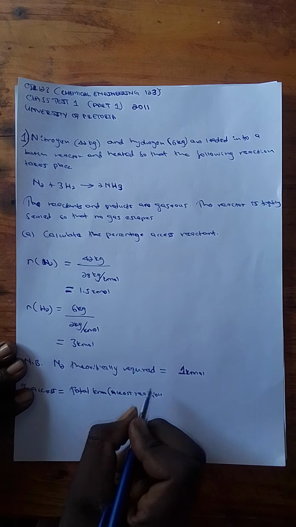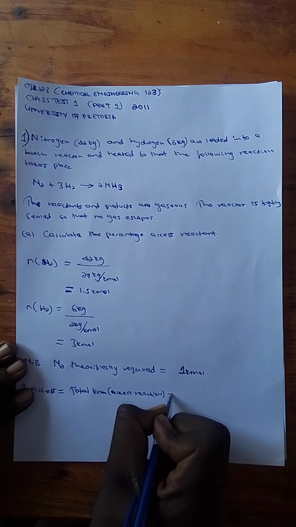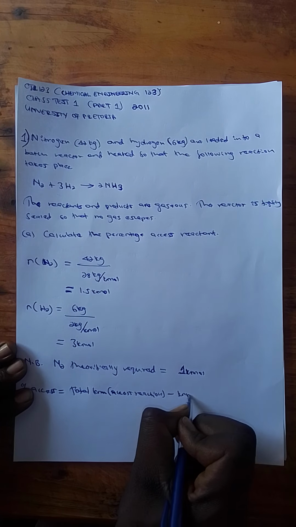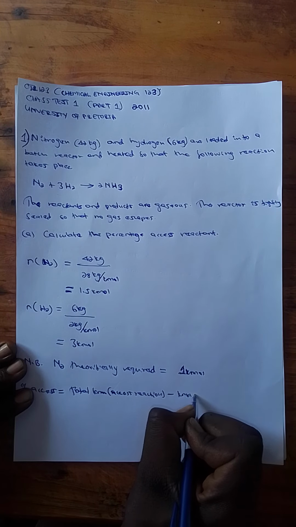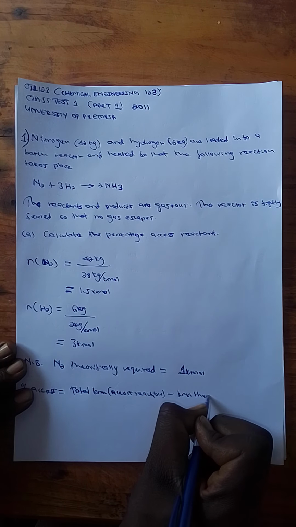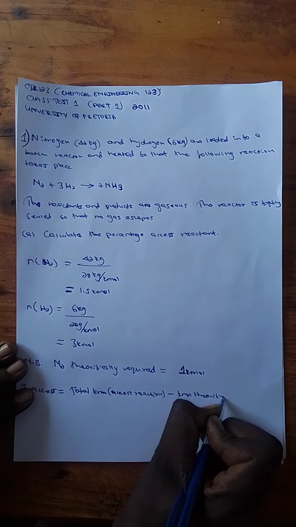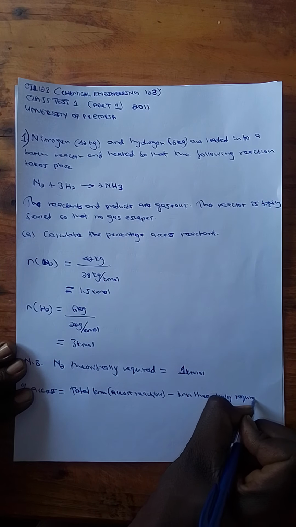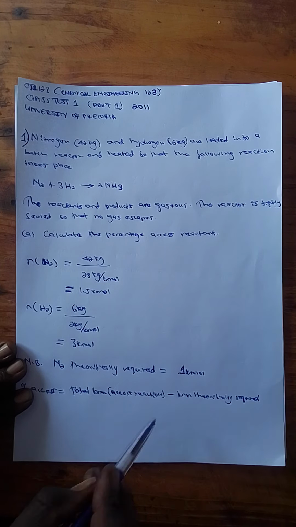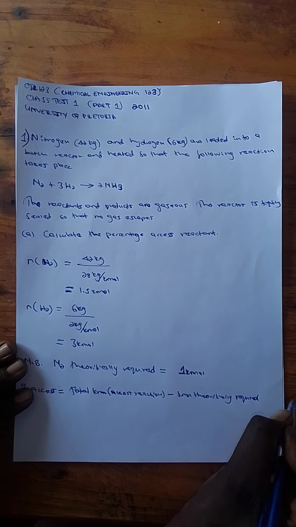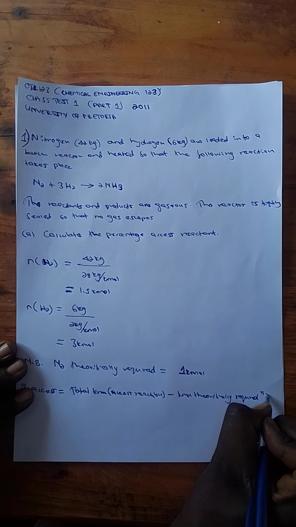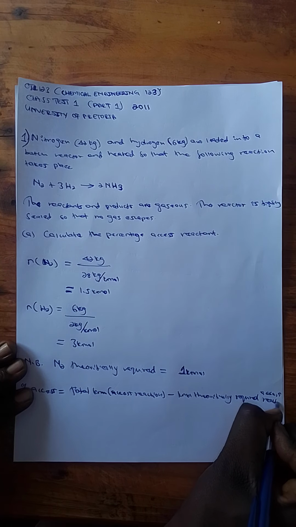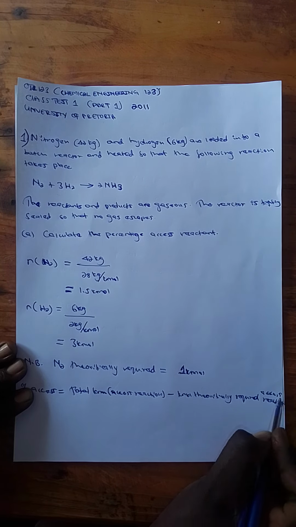This is the general equation: total kilomole of excess reactant minus the kilomole that are theoretically required. The theoretically required is still the excess reactant.